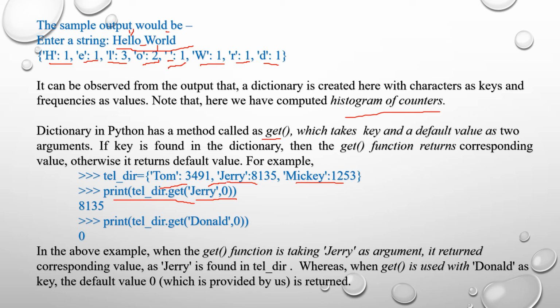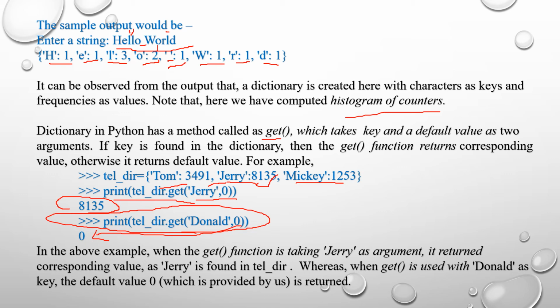So here the Jerry value is 8135. If you print tel_dir dot get Donald comma 0, the Python interpreter will print the default value. Here the default value is 0 because Donald is not part of my dictionary items. So the interpreter will give 0.